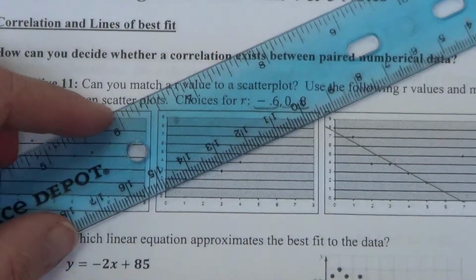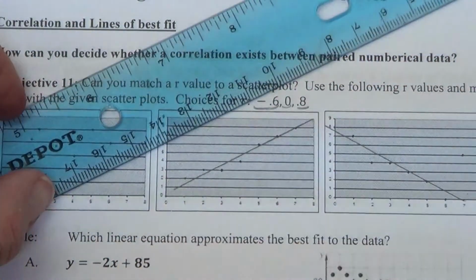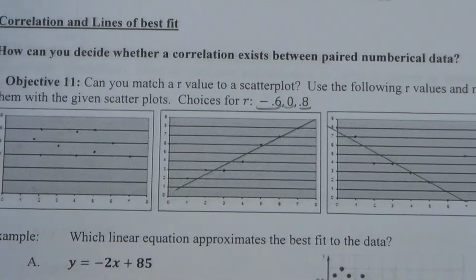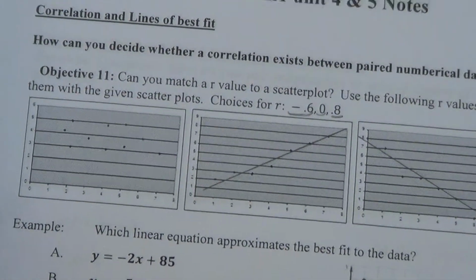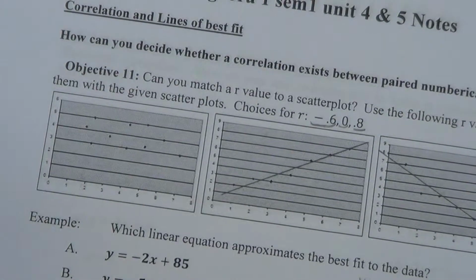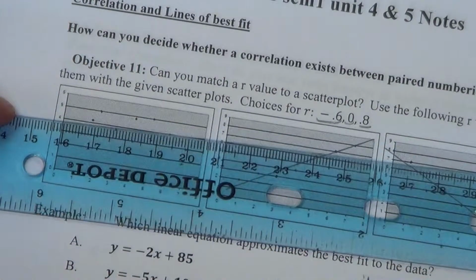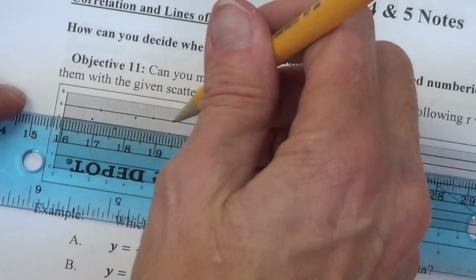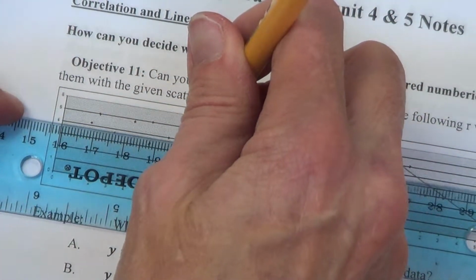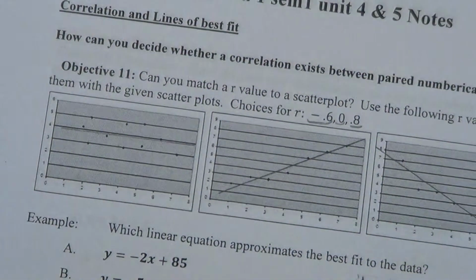And on this scatter plot, probably an equal number above and below. The line would go something like that. And on this one, you know, there doesn't seem to be a lot of correlation, but if I had to choose, I'd probably say that if we're going to give it an R value, it would pretty much go straight that way.